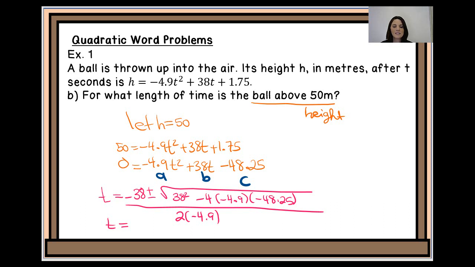So simplifying, t is equal to negative 38 plus or minus the square root of 1,444 minus 945.7, divided by negative 9.8.